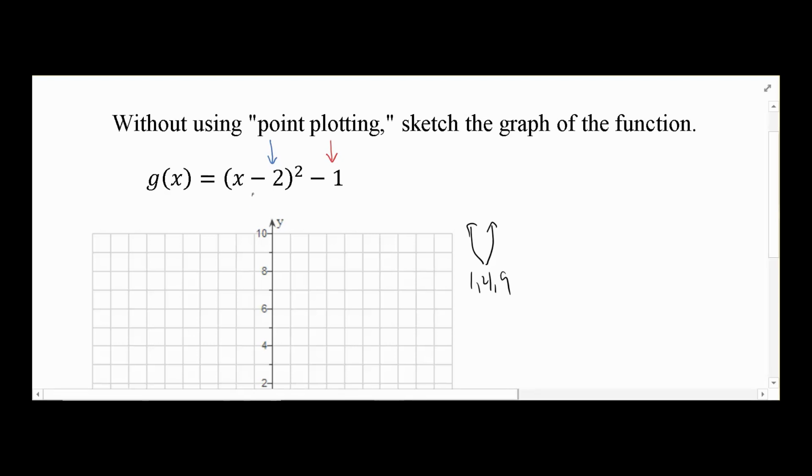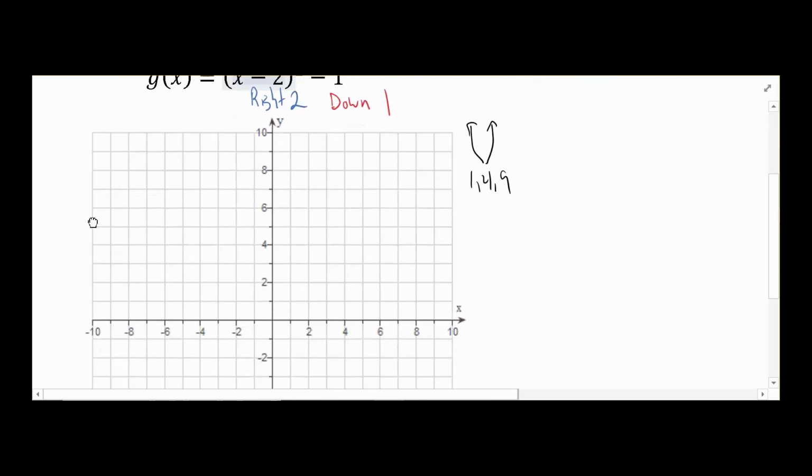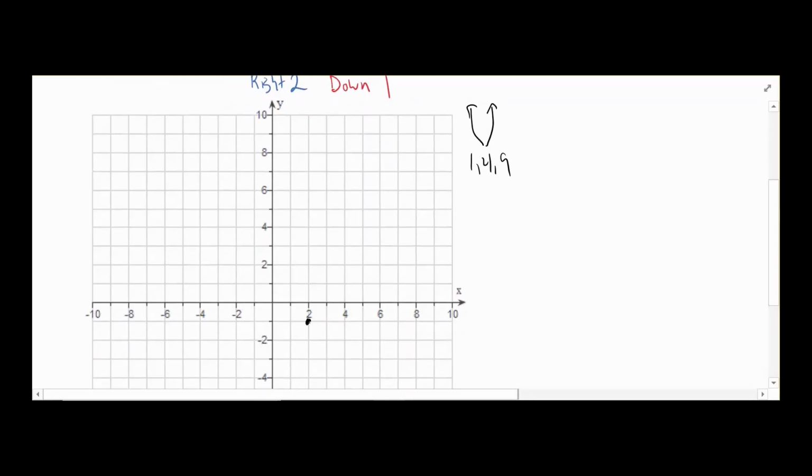A minus means we're going to go to the right by 2, whereas the minus 1 on the end says we're going to go down by 1. So to graph this without point plotting, we're going to go right 2, down 1, and that's where our vertex is going to be. From there, we're going to do the whole 1, 4, 9 thing again.